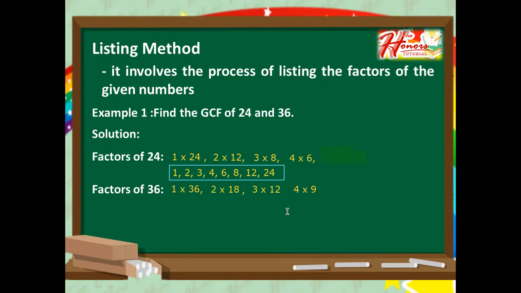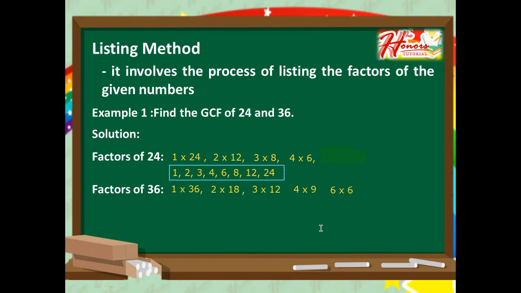How about 5? No, it's not, because there's no number that when you multiply to 5 is equal to 36. How about 6? 6 is possible. That is 6 times 6. How about 7? No, it's not possible because there's no number that when you paired with 7, the answer is 36.